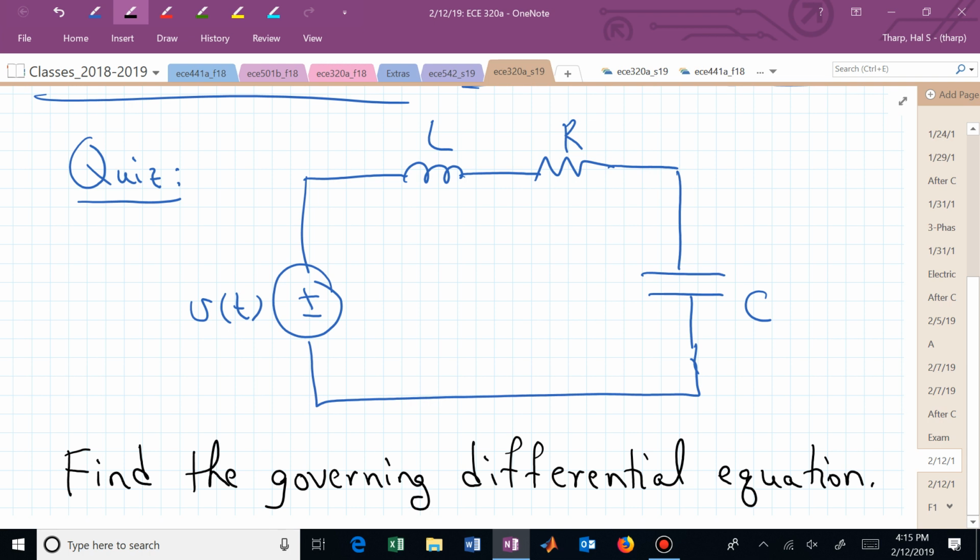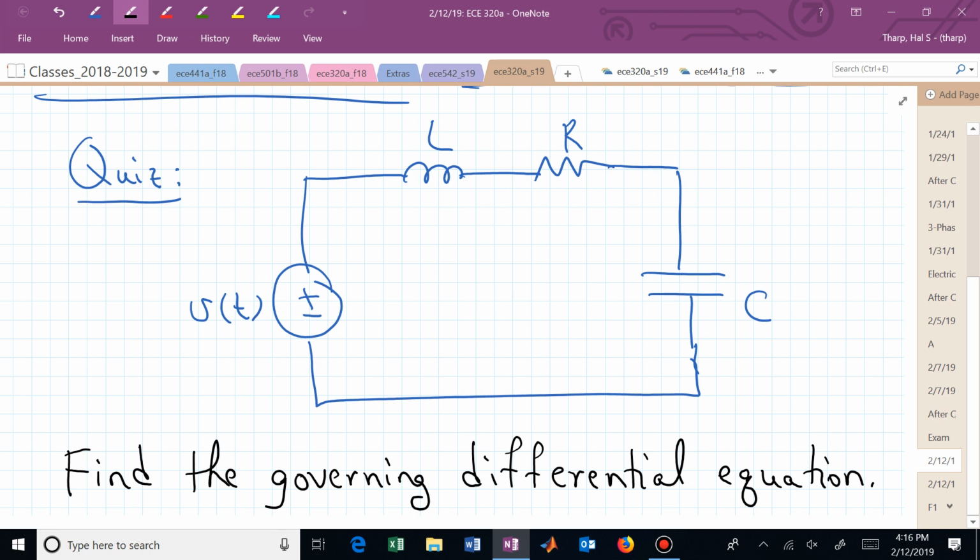In an interview, if somebody asked, can you show me how this circuit behaves dynamically? You can say, sure, let me derive the differential equation or equations that govern the dynamic behavior of this circuit.